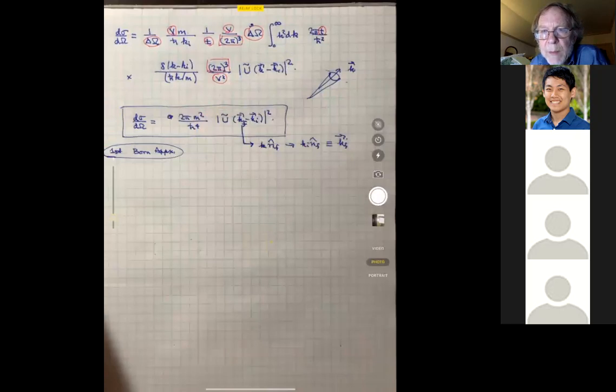What you're doing is you're summing over probabilities. They grow in proportion to time. You divide by time to get a rate. You normalize by flux to get a cross section. And so the logical sequence is clear, even if the algebra is complicated. And for that reason, I prefer it this way. And I won't be talking about Fermi golden rules.